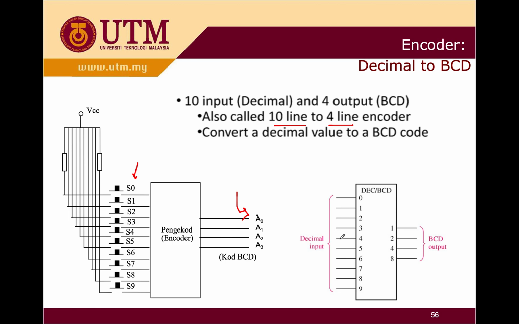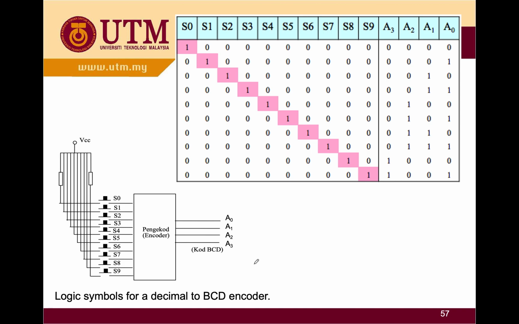So your output will be in BCD code. So please remember that it is not a binary form, but it is a BCD code. So this is the truth table, which is vice versa with your decoder. So this one is pengekod, also called encoder. Pengekod is in Malay and encoder is English.